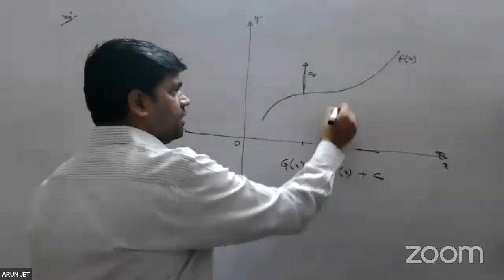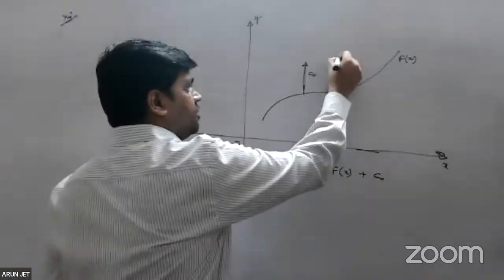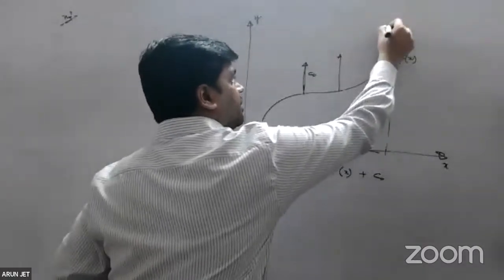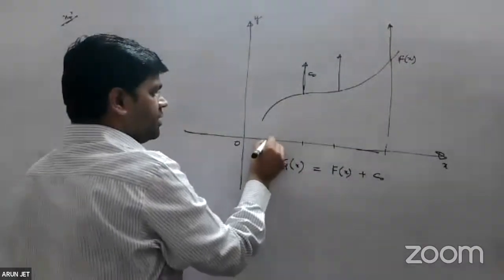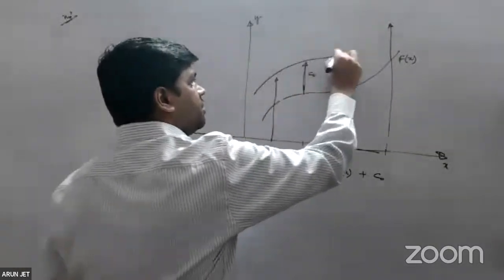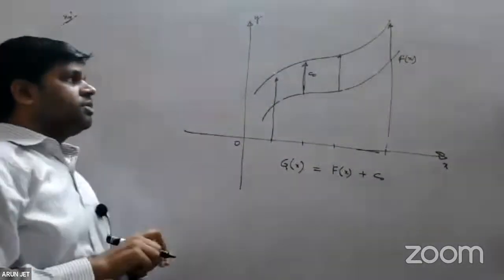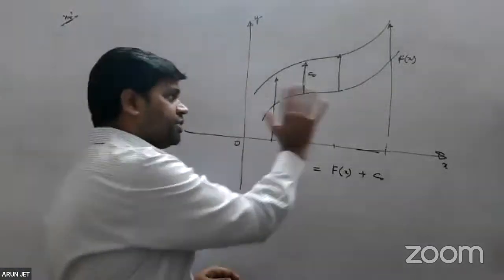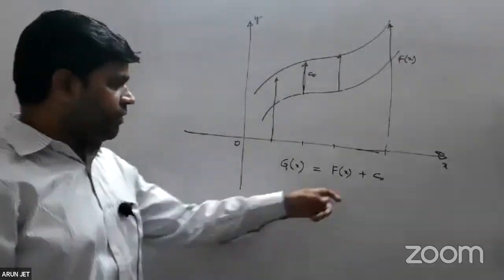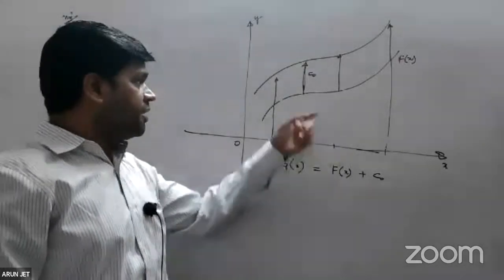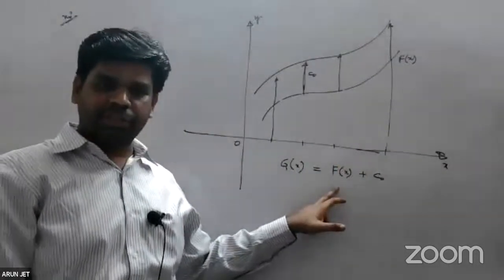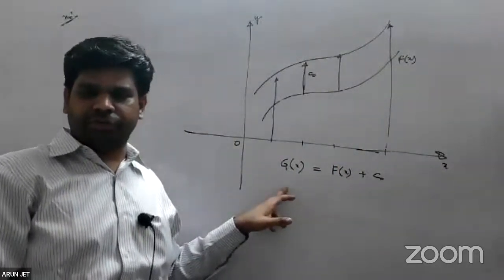For any other value of x, I know f of x, I'll add the constant to it. So I'll get a function this way. That means all I have to do is push this f of x by 1 unit upward. If I know f of x, I can get g of x by just pushing it upward. In such cases, f of x is called a parent function, g of x is called a derived function or a daughter function.